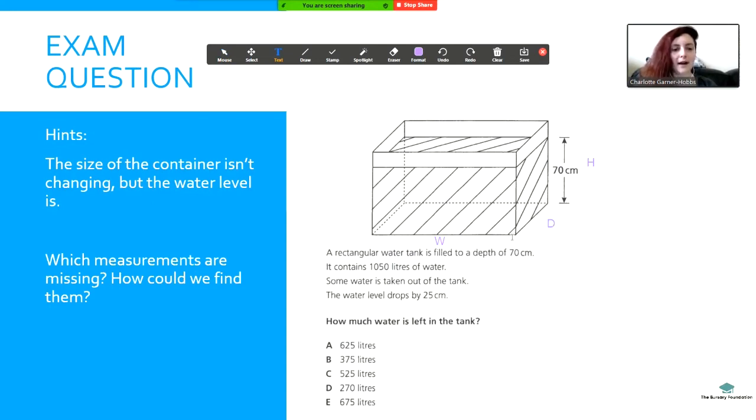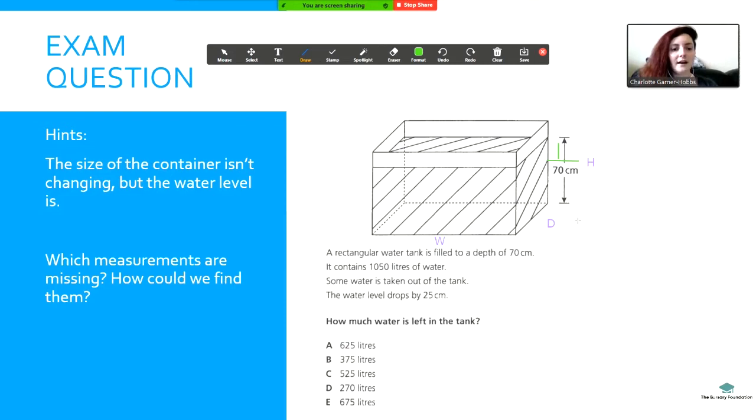So what I'm thinking of is, well, what's happening in that case when the water level is dropped by 25 centimetres? Well, I'm going to get a new height here.